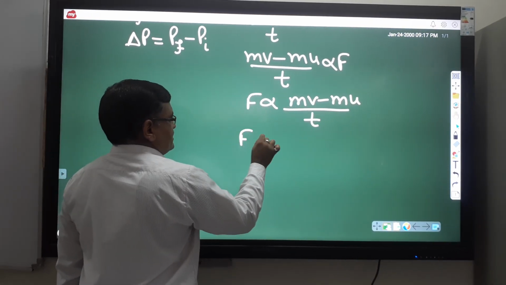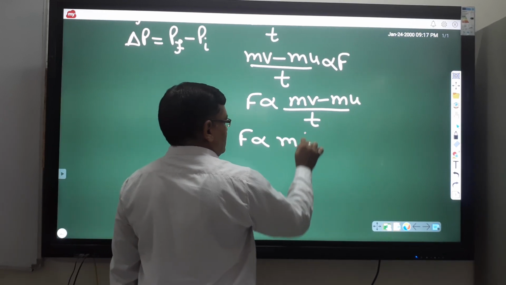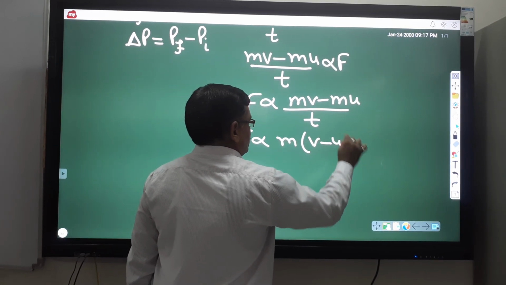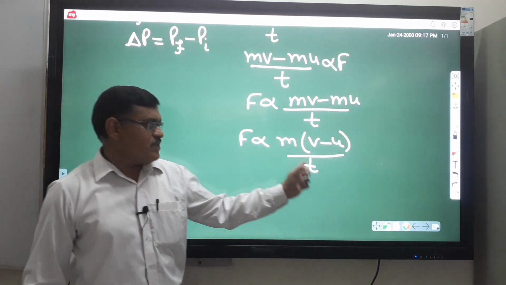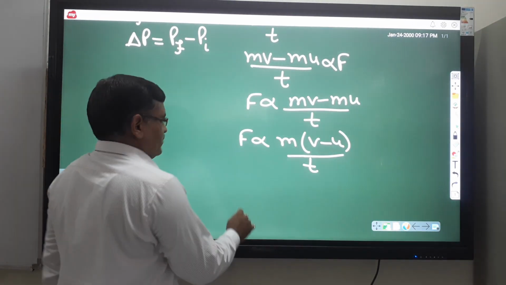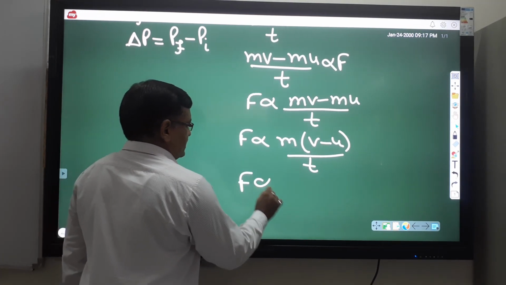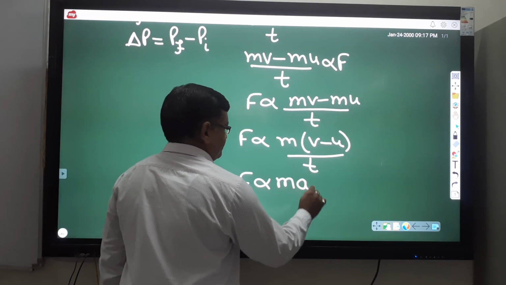F is directly proportional to m, which is common, times (v minus u) divided by time, and you have already done that (v minus u) by t is acceleration. So, we can write F directly proportional to ma.